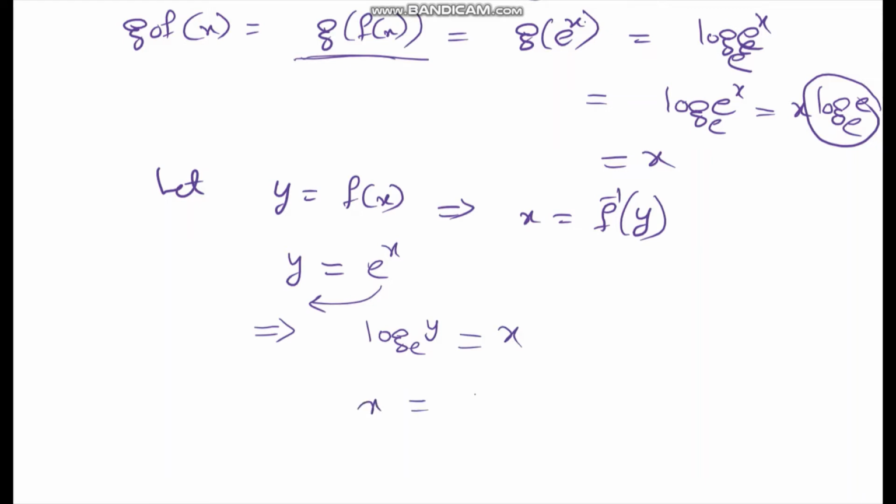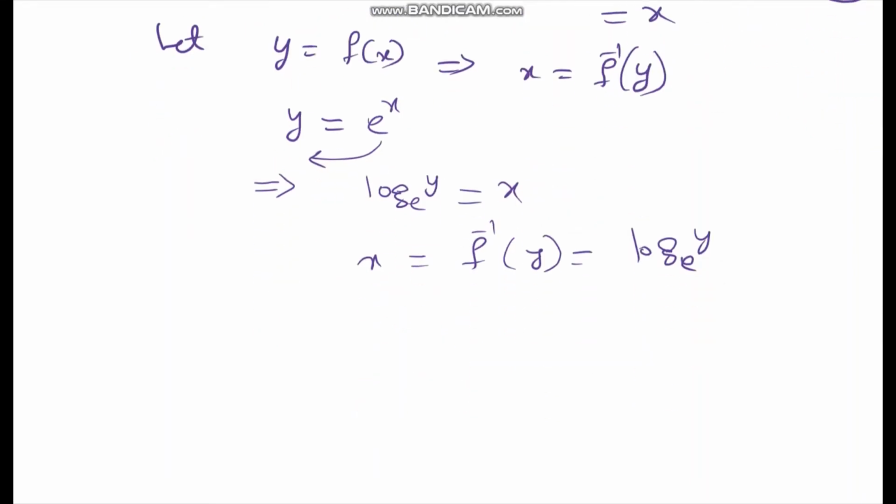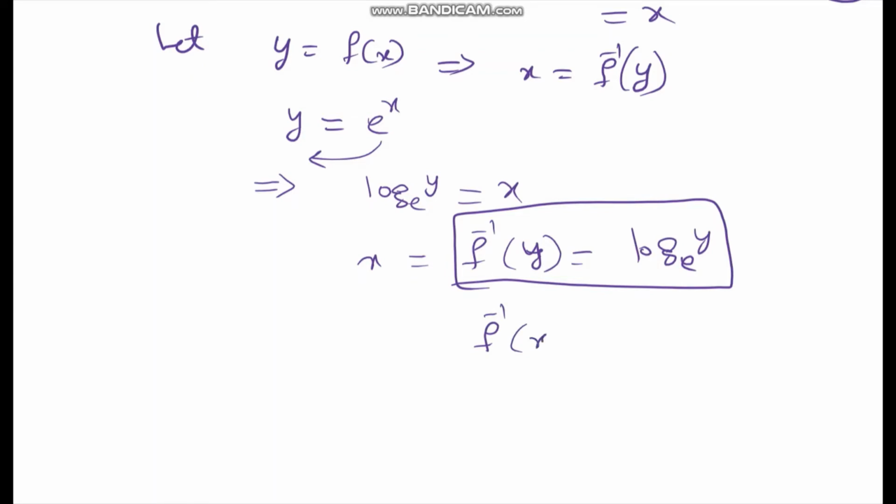X equals f inverse of y equals log y to the base e. This f inverse is in the variable y. If I write this in terms of the variable x, this is log x to the base e. I'm just changing this variable here, that's it. So this is my f inverse of x.